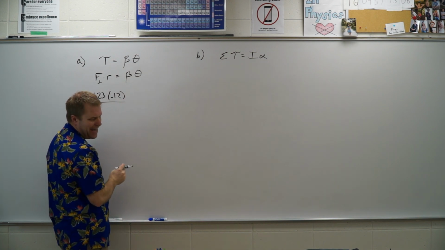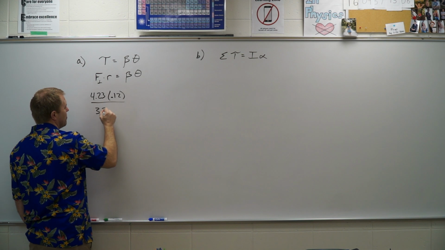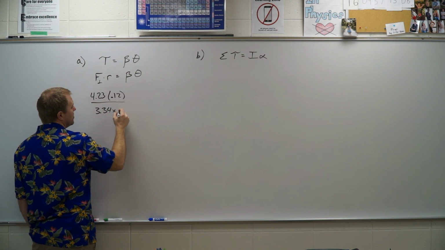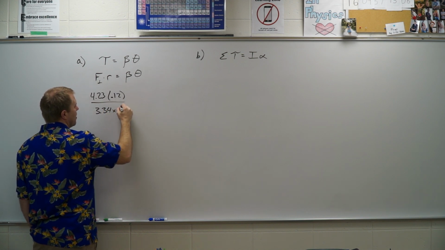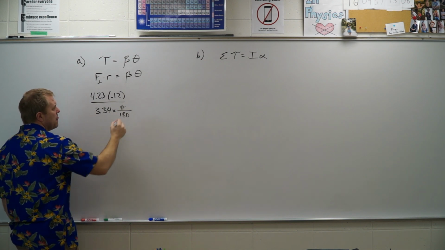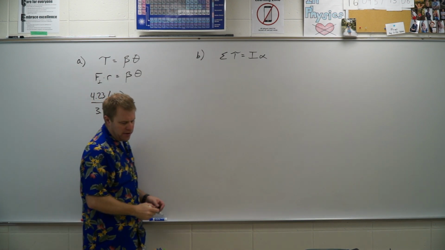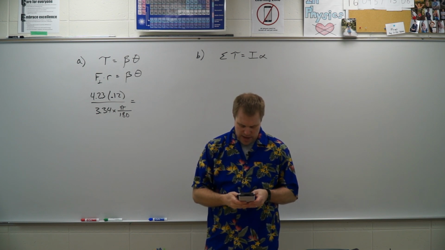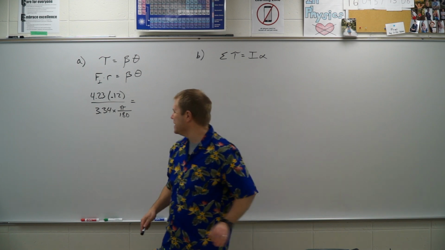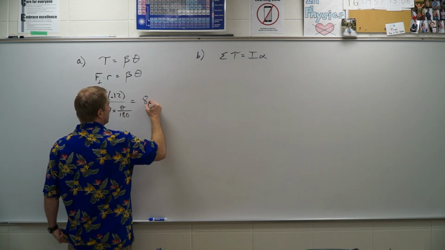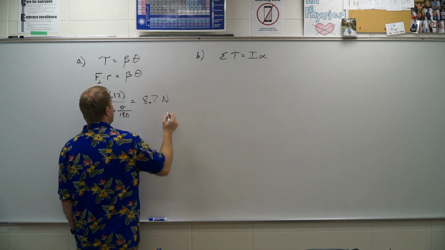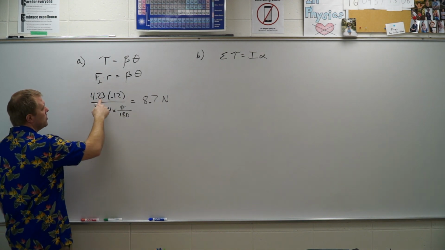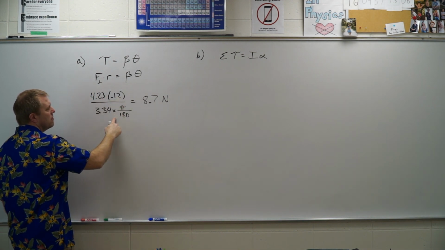Divided by theta, they gave it to us in degrees, 3.34, and I have to get rid of degrees, so times pi over 180 to go to radians. Put that into my calculator, and we get 8.7-ish, we'll call it 8.7, and the correct units here are newton meters per radian.